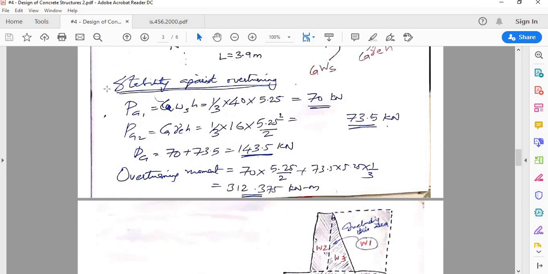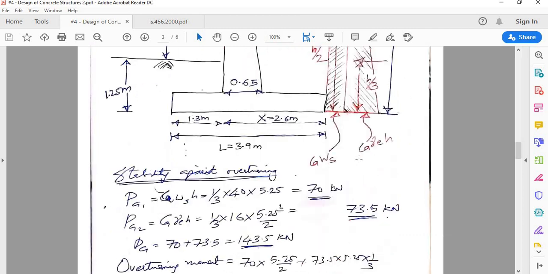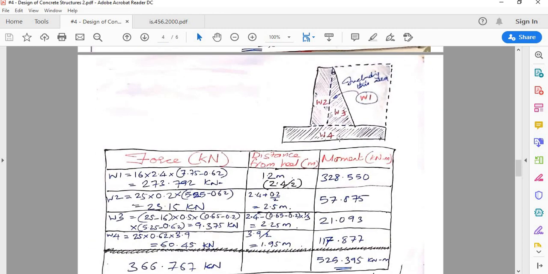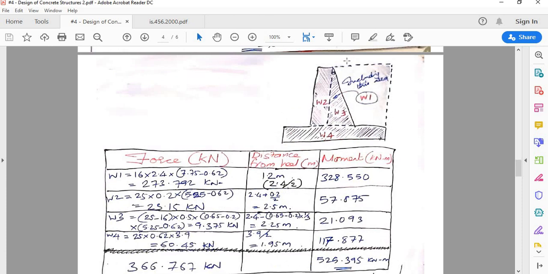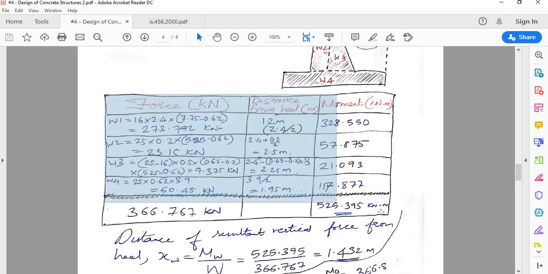The actual overturning moment we had calculated here, based on the surcharge effect as well as active pressure. Now for calculating the restoring moment, which is a result of the self-weight of the RCC wall plus the effect of surcharge plus the effect of soil on the heel portion, we had arrived at this table.